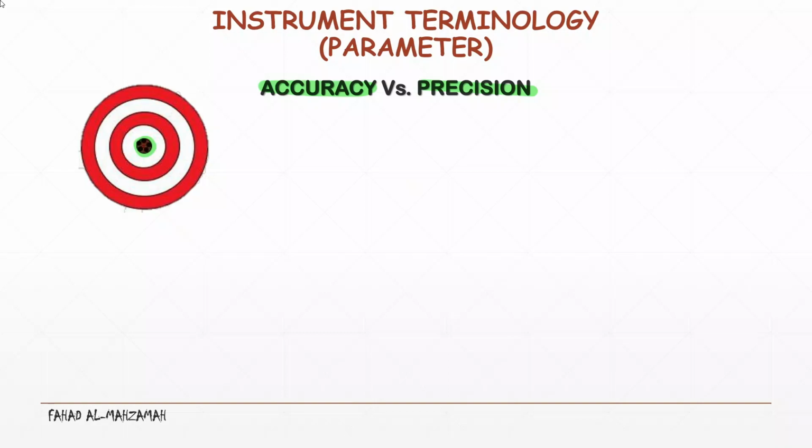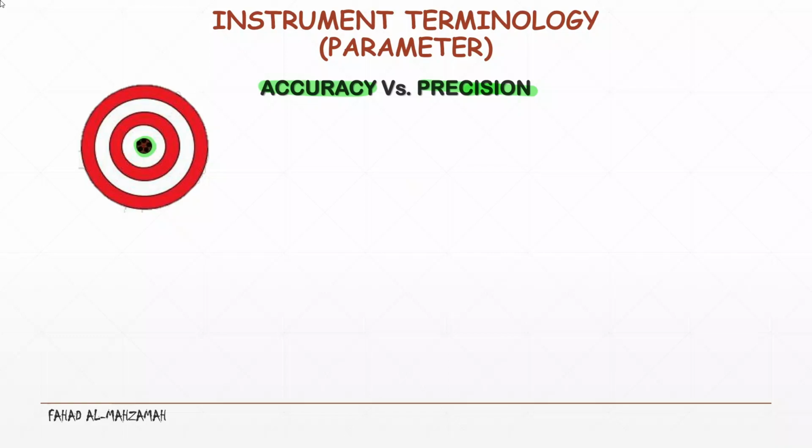If it's far, we'll say it's low accuracy. In precision, if the measurements are close to the other measurements, we will say that it has a high precision. If it is far from the other measurements, we will say it's a low precision.